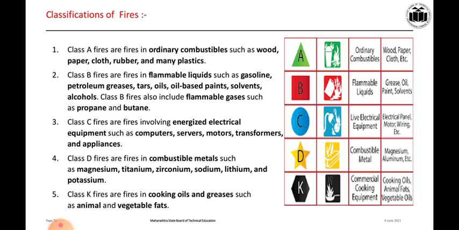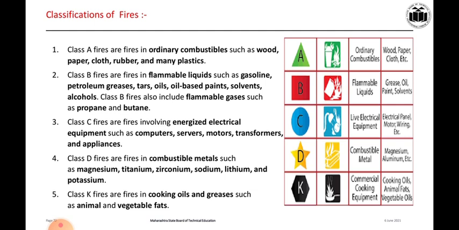Class K consists of cooking oils and greases such as animal and vegetable oil. We know that we use different edible oils such as soybean oil, coconut oil, groundnut oil and sunflower oil. So these are the different oils we generally use in cooking.